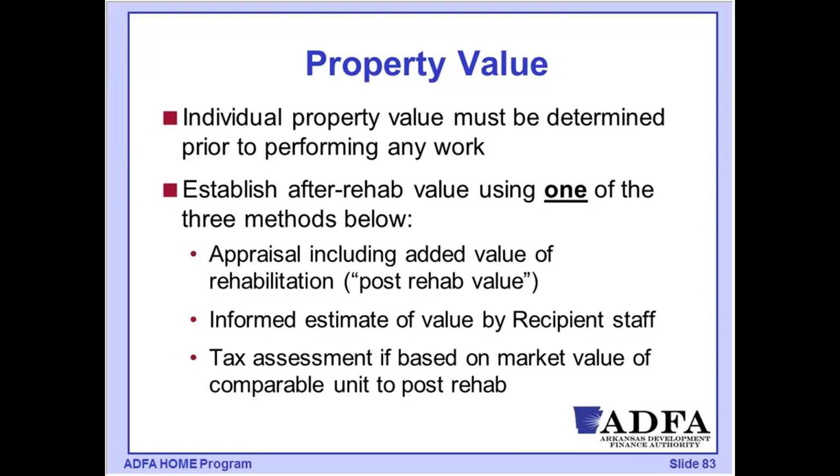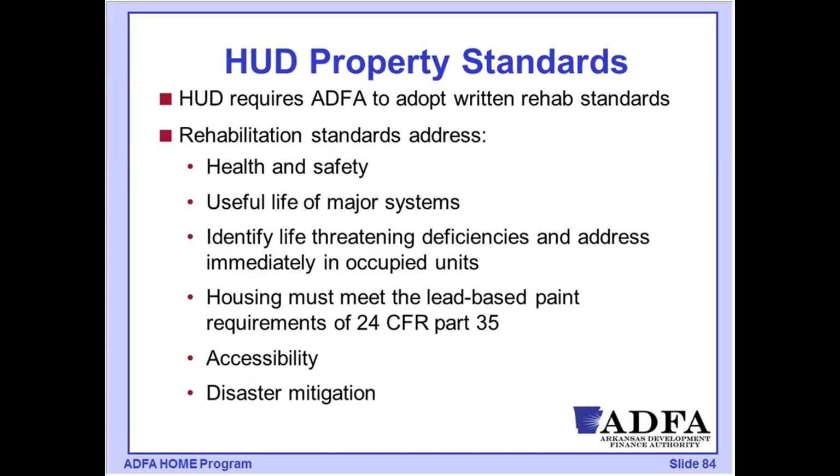You could use those as comparables and use that to determine what the market value was going to be for the unit that you were proposing to rehab. Not necessarily easy to be able to apply, particularly in a statewide program, but it is allowable in those limited circumstances. So that was property value after rehab.